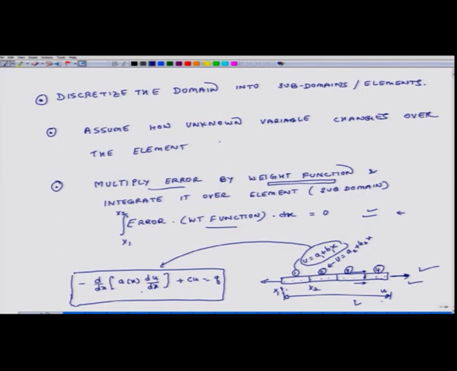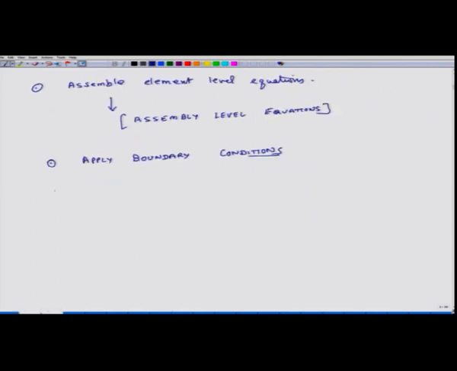So, those are the two boundary conditions. Once we have applied the boundary conditions, then we solve for unknowns in the assembly level equations, and this is how we get the solution for the overall thing.